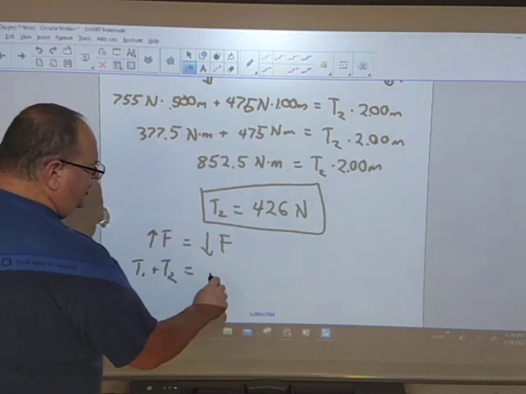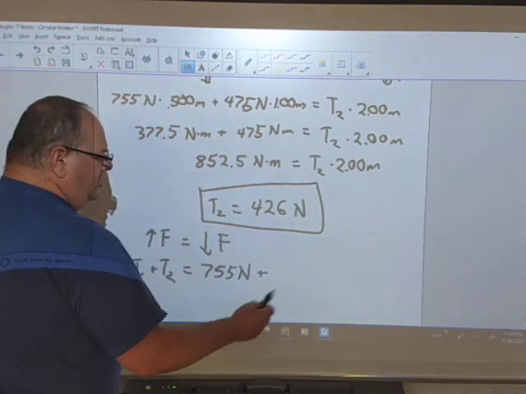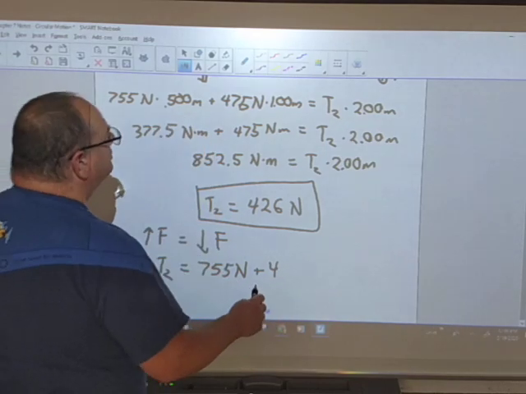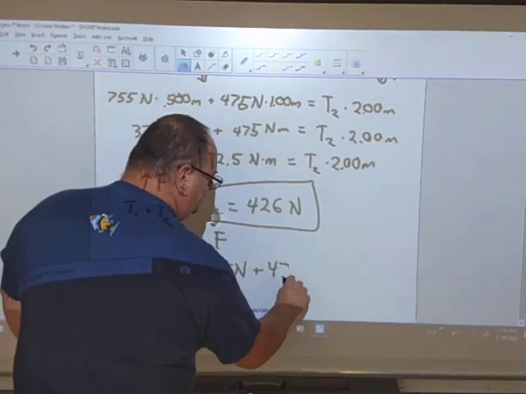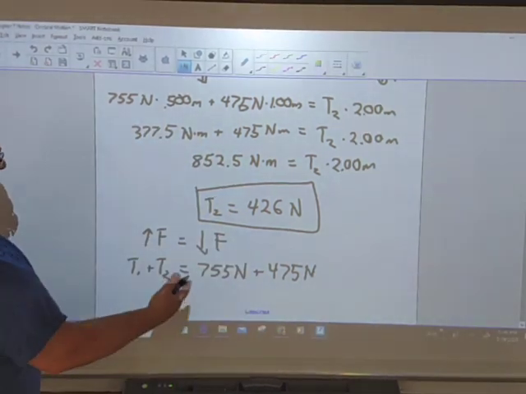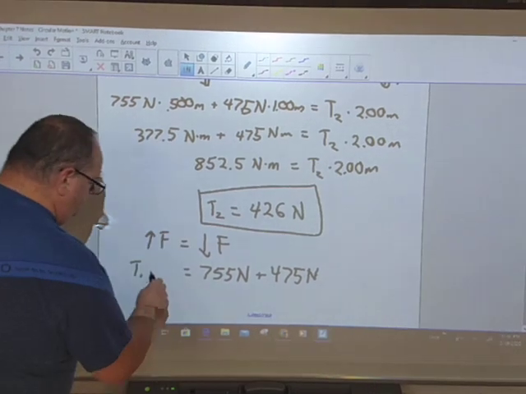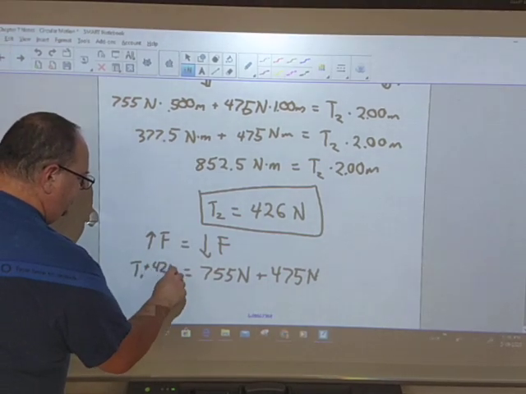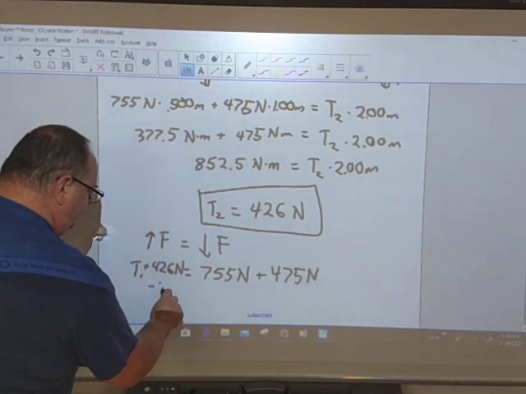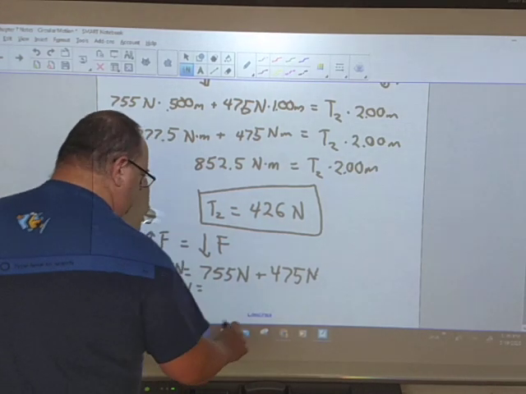My downward forces are Nate, 755 newtons, plus the swing, which was 475 newtons. Now, we figured out the T2 was 426 newtons. So all I got to do is subtract 426 newtons from each side.